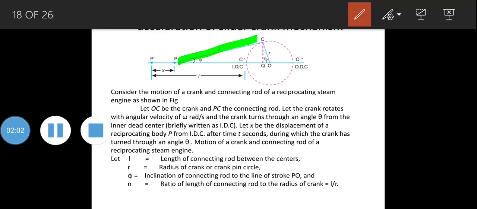This is the length of the connecting rod, this is the radius of the crank which is at a pitch circle, and this is the angle of inclination of the connecting rod to the linear stroke PO, whereas n is nothing but the ratio of the connecting rod length to the radius of the crank.